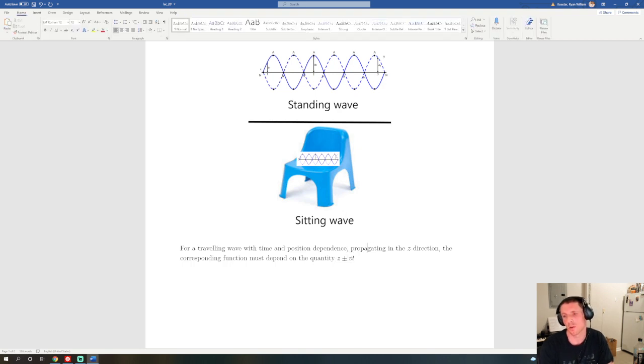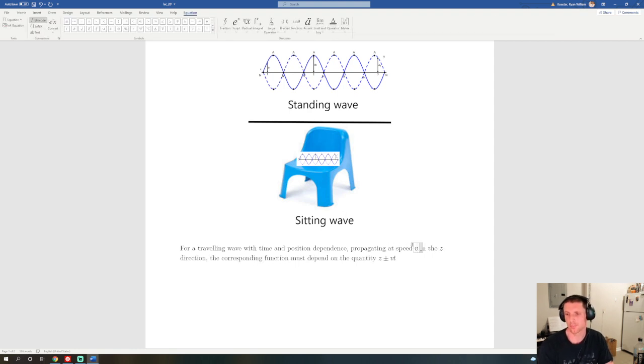And I should say here, propagating at speed v.